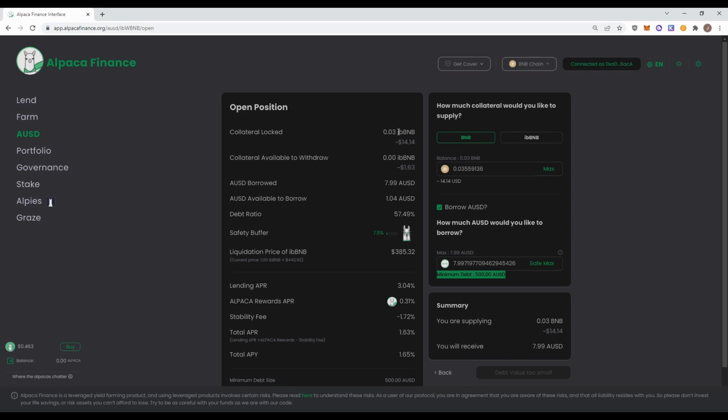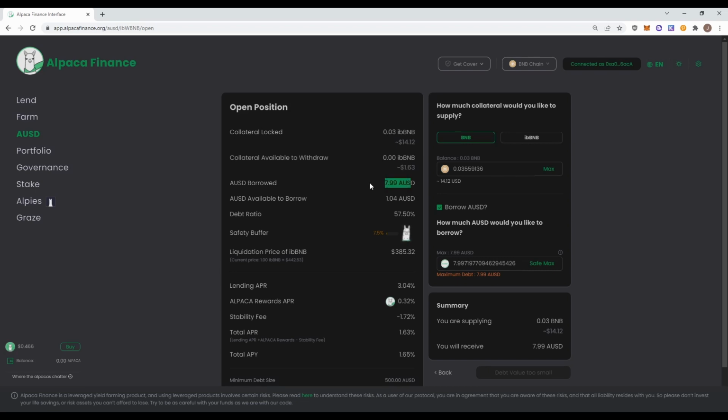So the collateral locked in this case is the BNB that we are going to turn into IB BNB that are going to be put into the lending pool and then are loaned against. Collateral available to withdraw would be the amount of BNB that we can deduct from this position again and still keep the position alive instead of being liquidated.